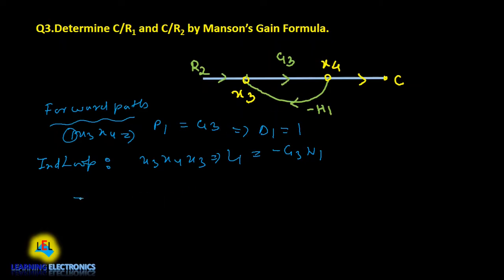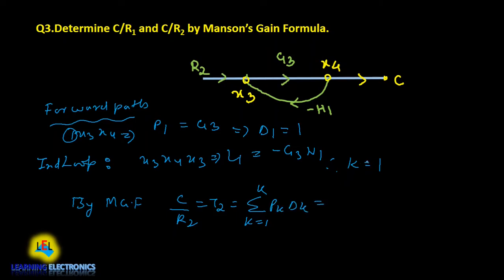How many forward paths are there? One forward path, so K will be equal to 1. By Mason's gain formula, the overall transfer function of this SFG, that is C by R2, equal to T2, is T2 equals sigma k equals 1 to K of Pk del k divided by del, which is equal to P1 del 1 divided by del.